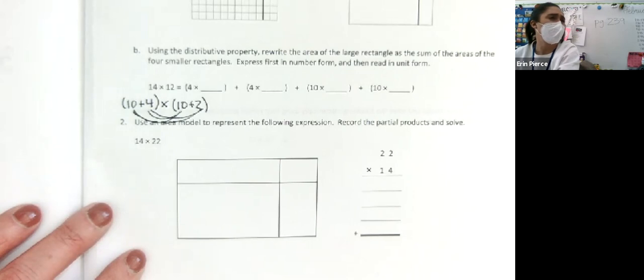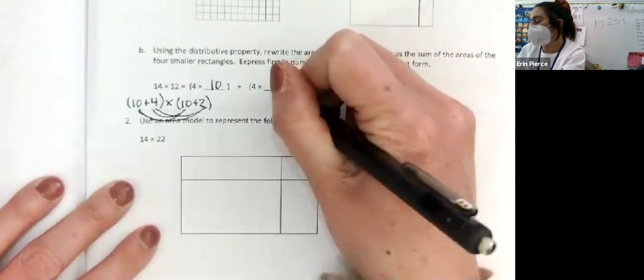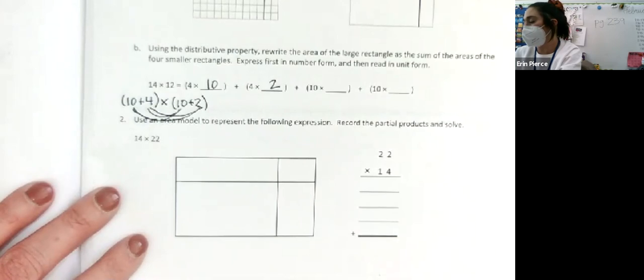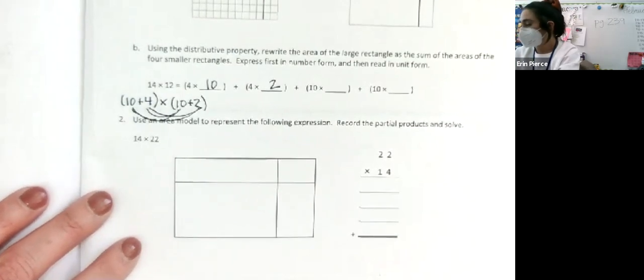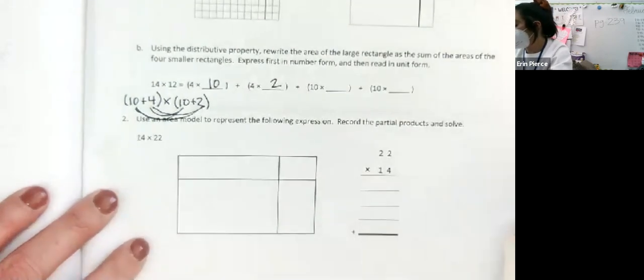Carter, do you have a question? Quickly. Owen. 4 times 10, 4 times 2. What am I multiplying? They have an expression written incorrectly.